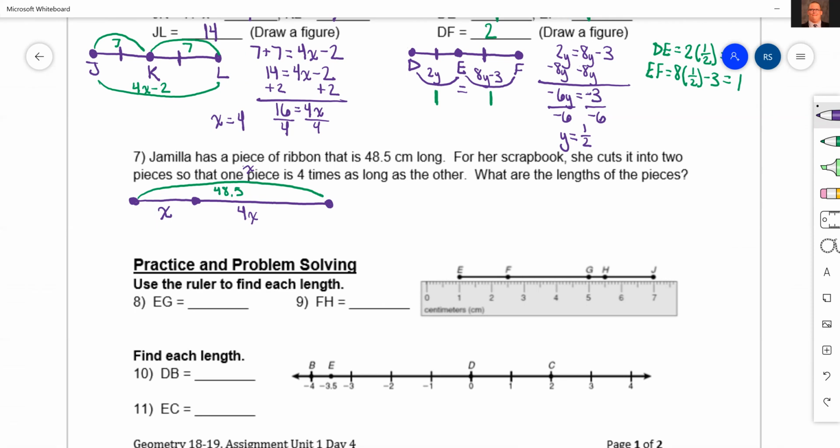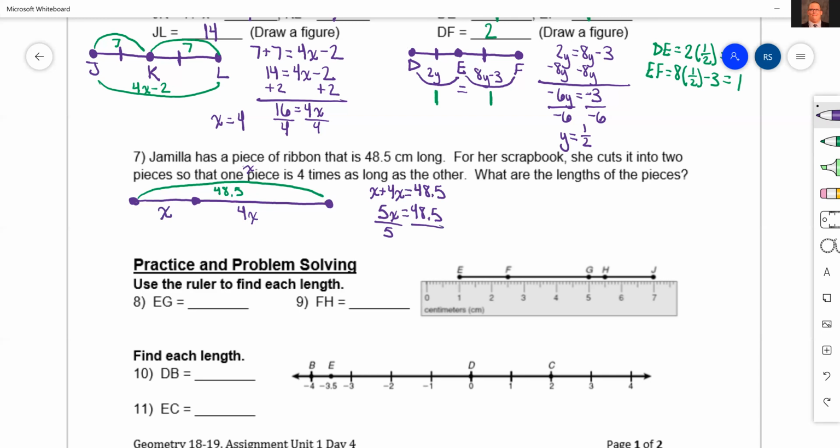Well, again, we have part plus part equals whole. X plus 4x equals 48.5. So total x's, I have 5x equals 48.5.